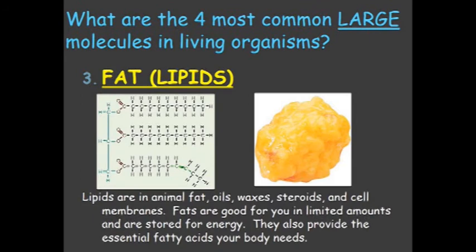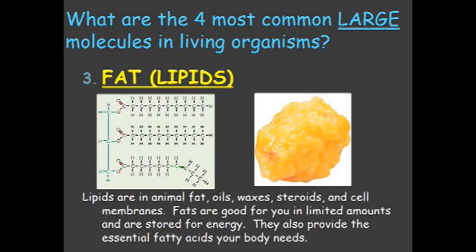So our next big molecule is lipids, more commonly known as fats. Lipids, as you can see here, this is I think a triglyceride, shown in that picture there. Fats are really good ways to store energy.